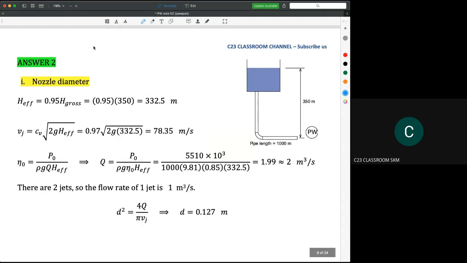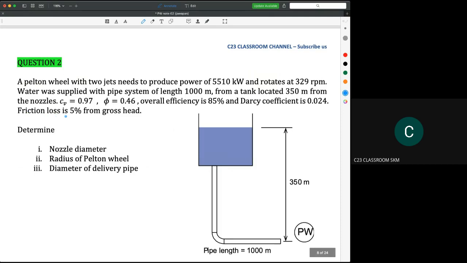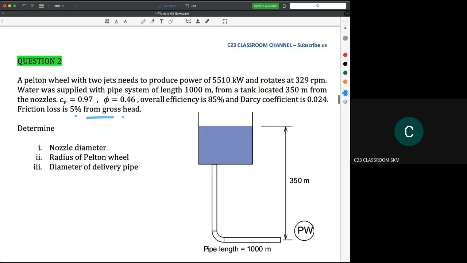Okay, so we go for the nozzle diameter. We need to calculate the effective head, because the question says that friction loss is 5% from the gross head. This 5% is actually the friction inside the pipe, the major loss inside the pipe.